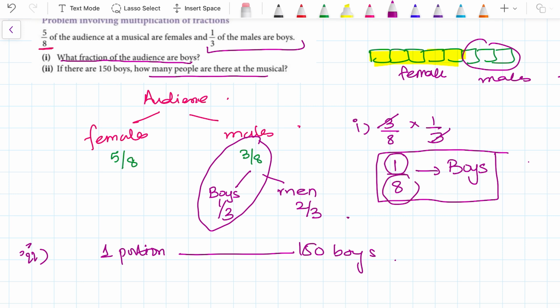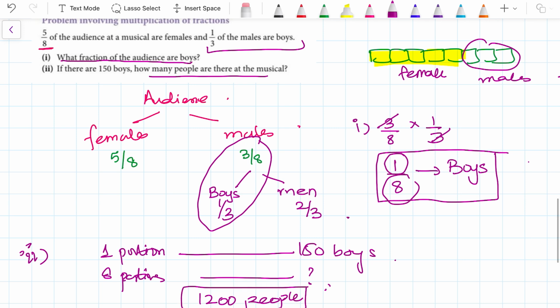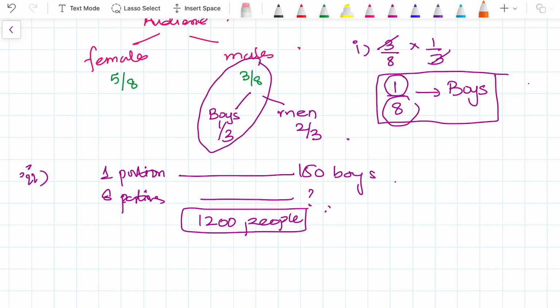So 8 is the total number of people because 1/8 of the audience are boys. Total number of people are 8 multiplied by 150. This is 1200 people. So I'll just go with this again. So from the entire audience, 1/8 are boys.